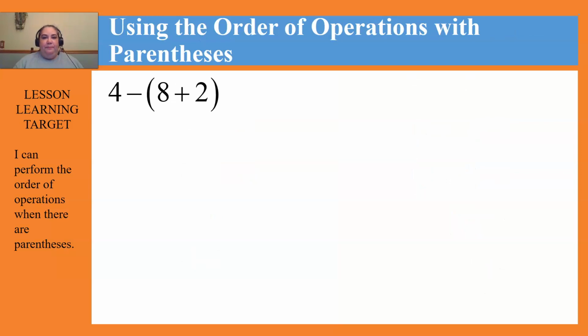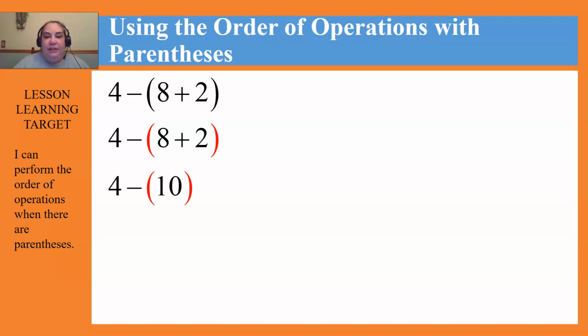For the last problem, we're going to take a look again at just changing the order of operations. So this time I want you to add the 8 plus 2 first. So we're going to look for grouping symbols. We're going to do what's inside the grouping symbols first. So we're going to take that 8 plus 2, and that turns into 10.